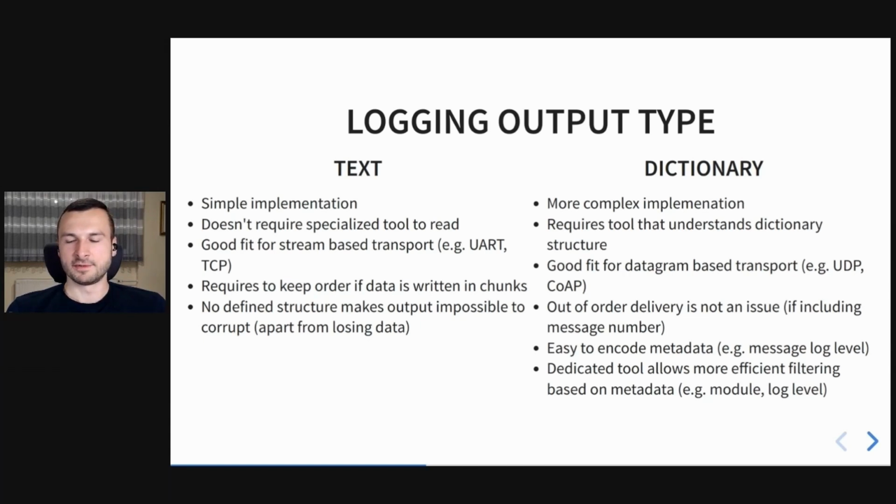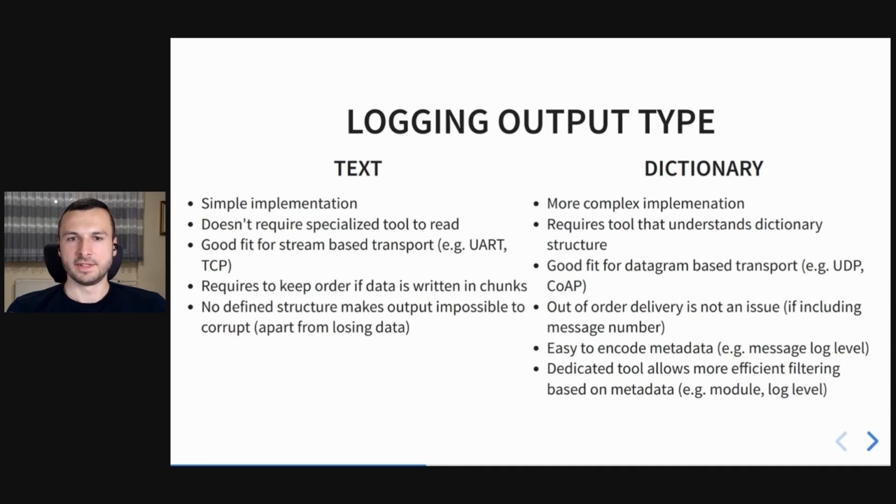And it doesn't require specialized tool to read. So in case of UART backend, we usually just need a console, a program that connects over UART interface and serves as a console. We can easily read that. When we have a file, then we can just use a text editor and read the logs.